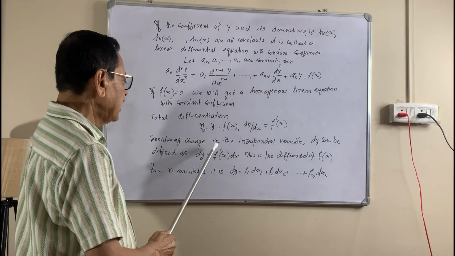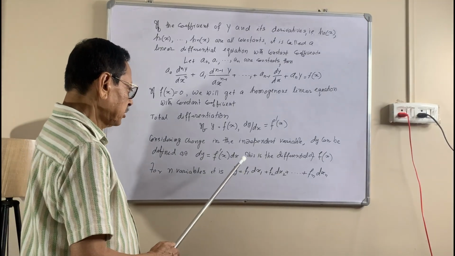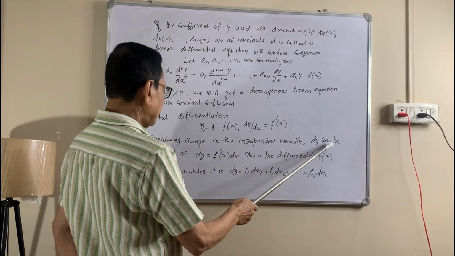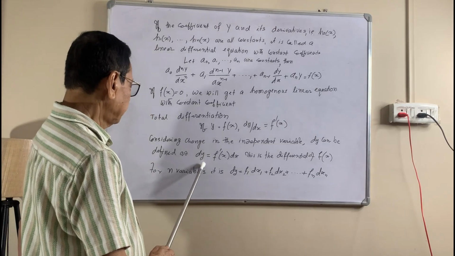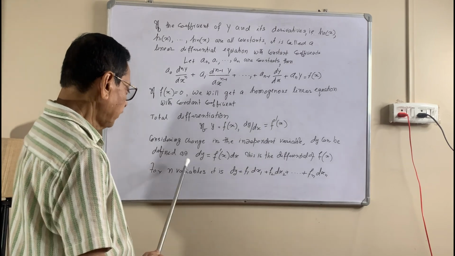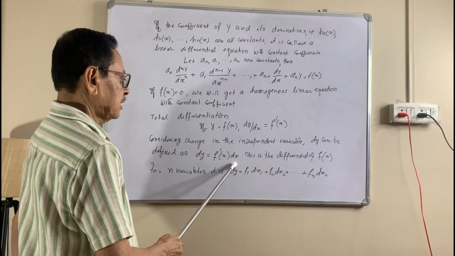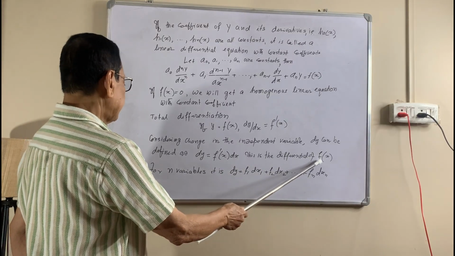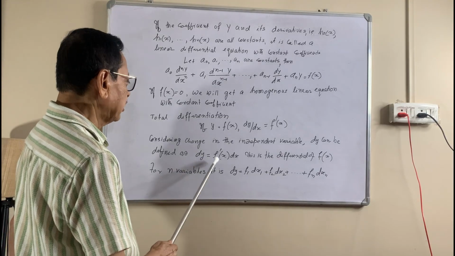Now considering a change in the independent variable, suppose the independent variable has changed, then dy can be defined as dy is equal to f prime x dx. So this is the differential of f(x). Now dy by dx is equal to f prime x, which we have got.